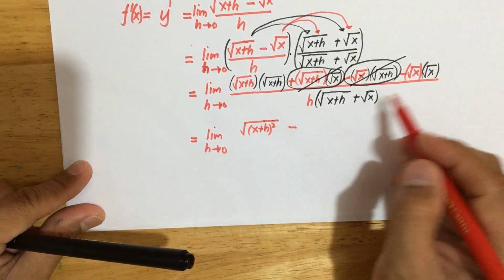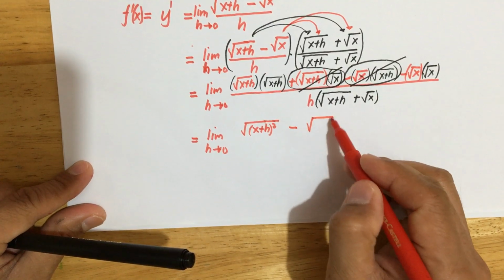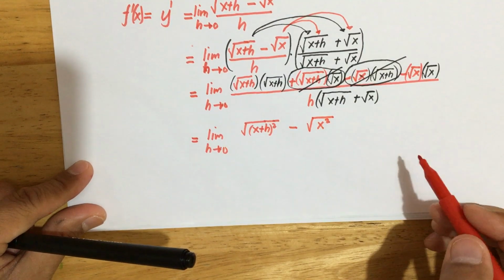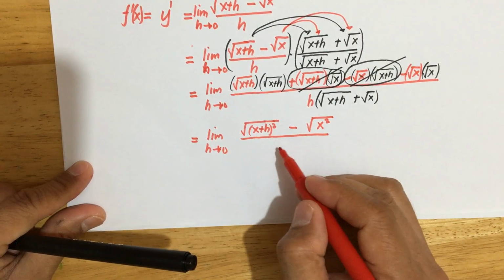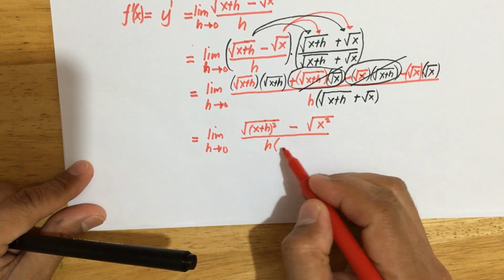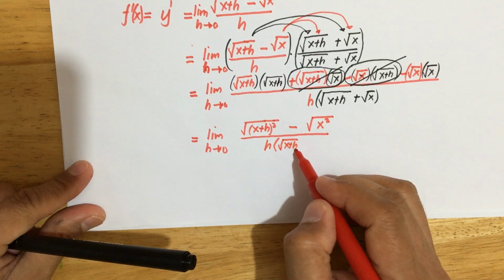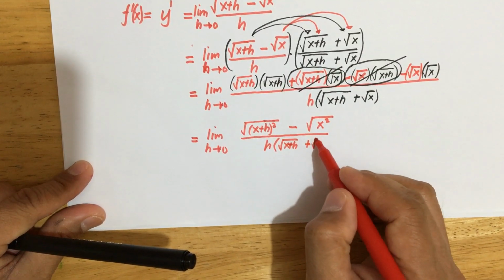Then minus, we have the same x, so you put them together in one radical, then square it, divided by h multiplied by the square root of x plus h, then plus the square root of x.